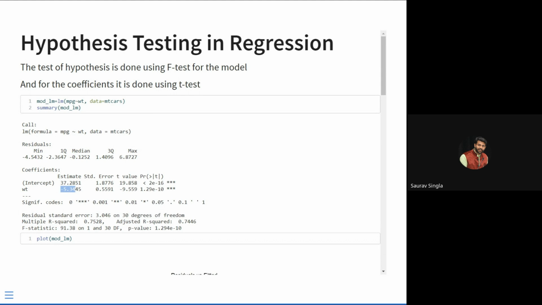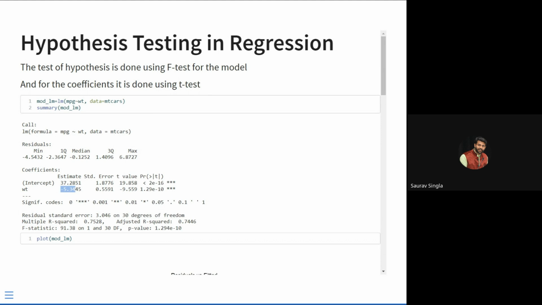Actually, I think it is 1,000 pounds. Yes, the weight is taken in 1,000 lbs. So if the weight of the car is decreased by 1,000 pounds, then the average will increase by 5 miles per gallon. That is the meaning of the coefficient minus 5.34.